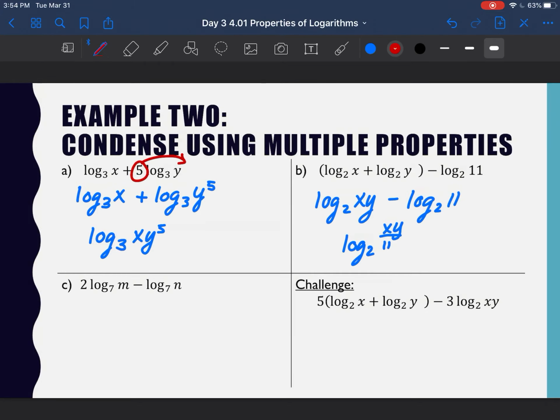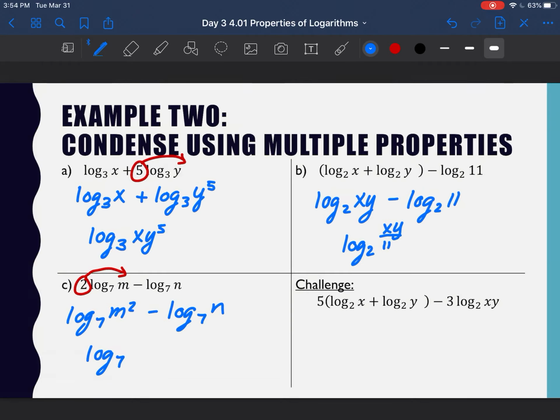The third example, I see that this logarithm has a 2 in front of it, so we need to move that 2 back before you can combine the two logarithms. So then this would be log base 7 of m squared minus log base 7 of n. And then since they both have the same base of 7, you can combine into a single logarithm.